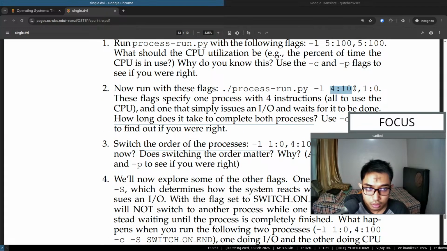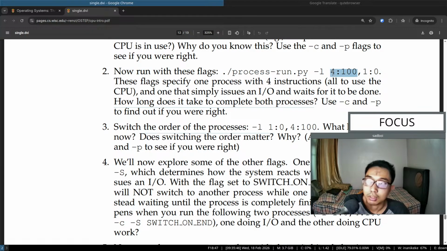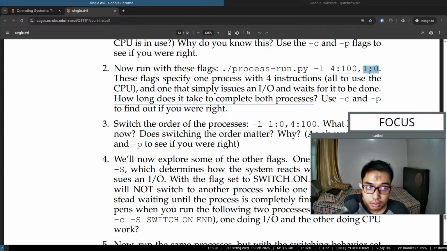Well, in this case, we need to finish the process that takes CPU first, and then switching to the input-output, which means that the CPU is idle, something like that, when we switch to the second process in this case.